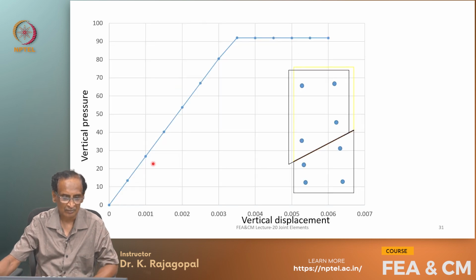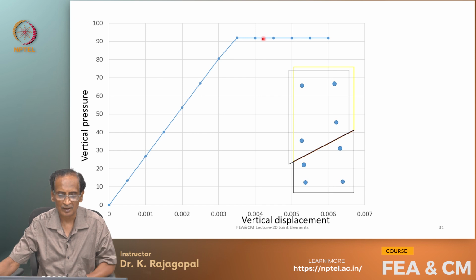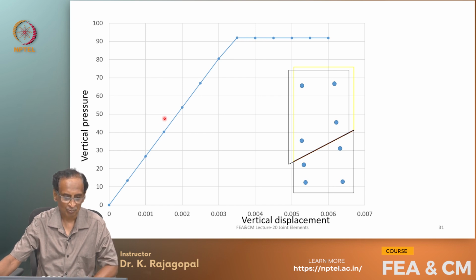So here this is our graph between the vertical displacement and the vertical pressure, and this is about 91.9. The vertical pressure goes on increasing, and at some stage it will reach the limit when your interface fails.